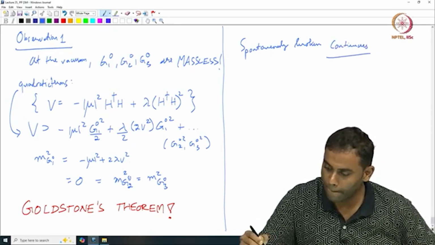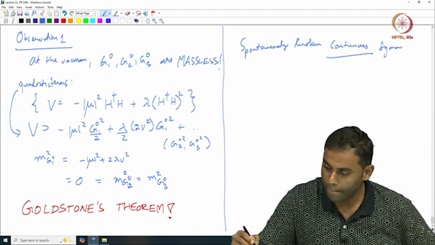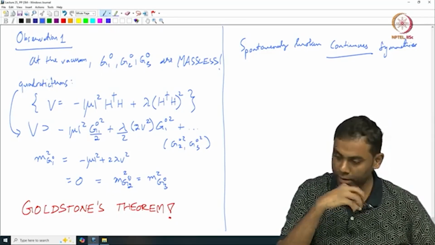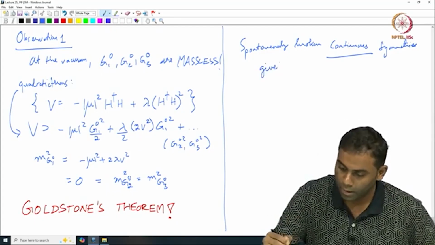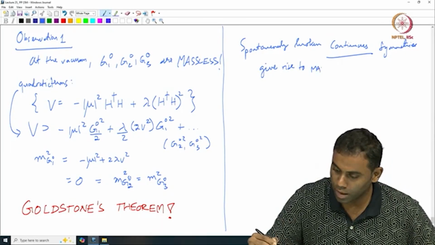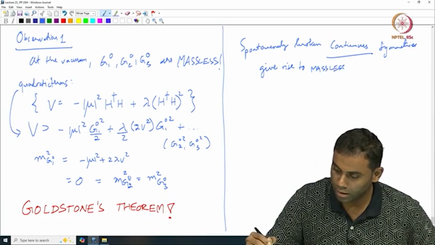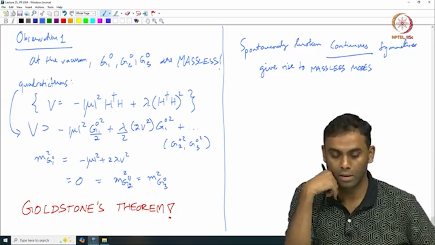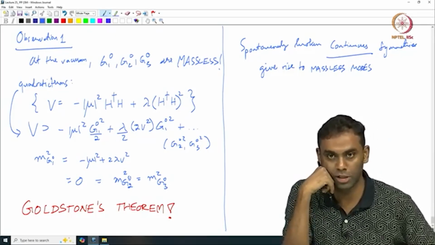continuous symmetries give rise necessarily to massless modes. So, this is not specific just to the potential that we are talking about.